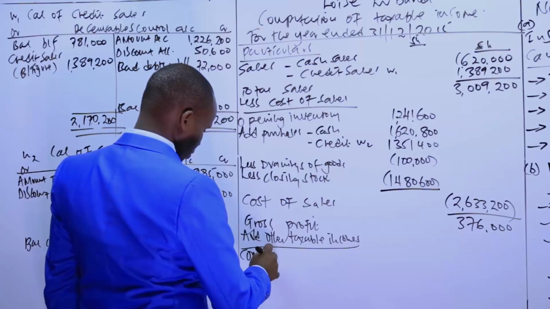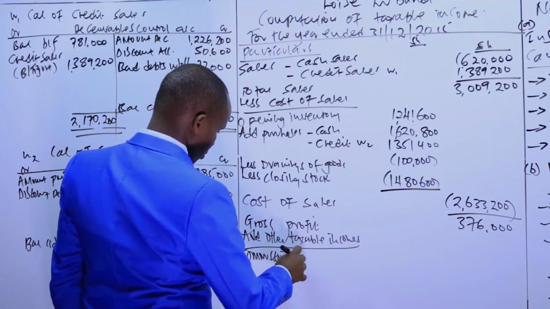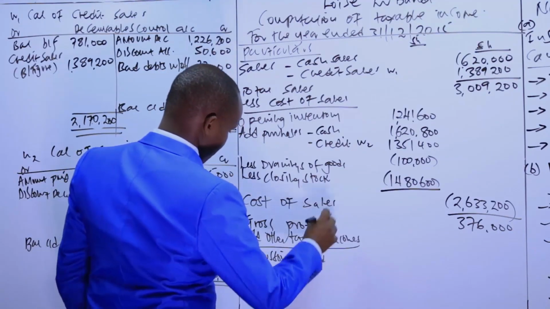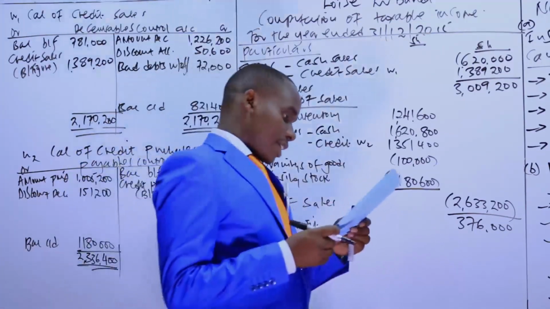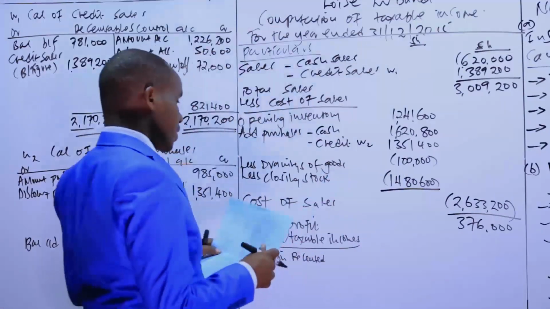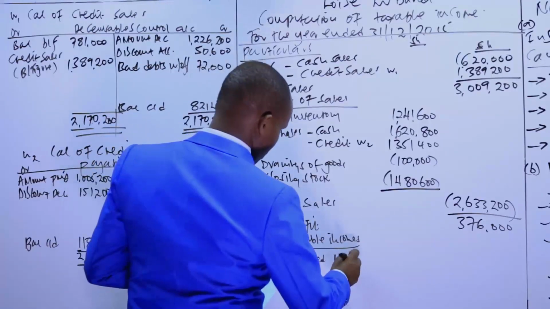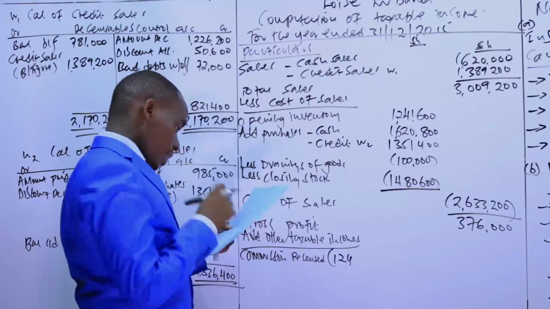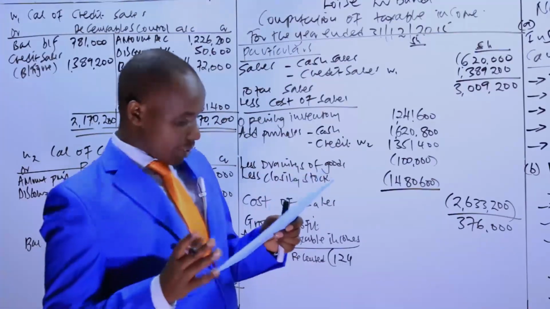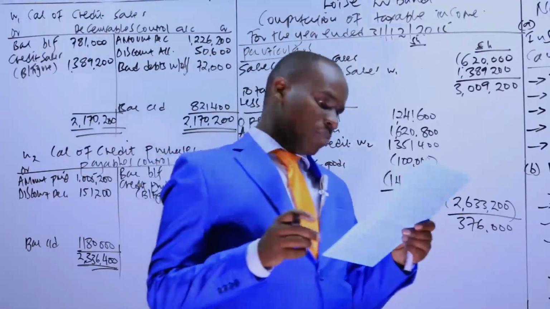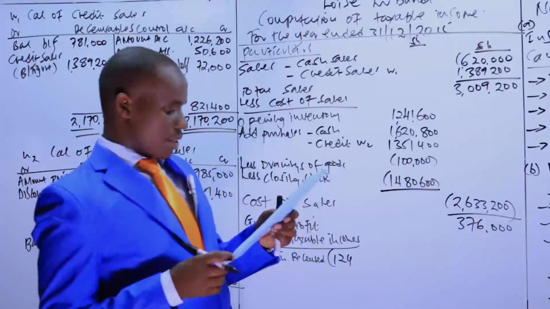Commission received. And for the commission received, we also have an adjustment. The commission received is 124,000. Then under the summary of assets and liability, we have commission received in advance.